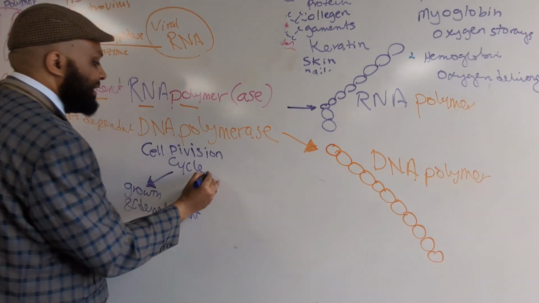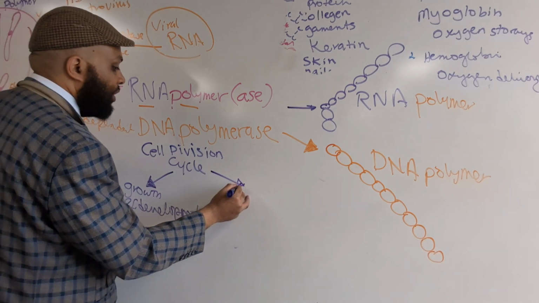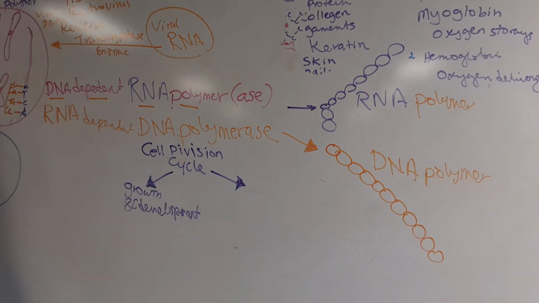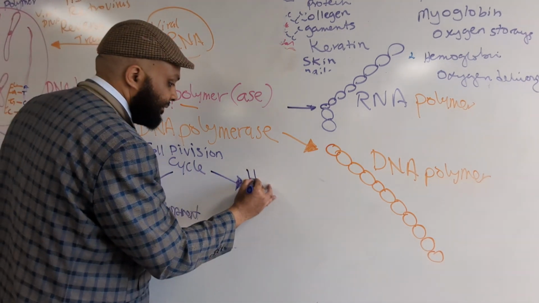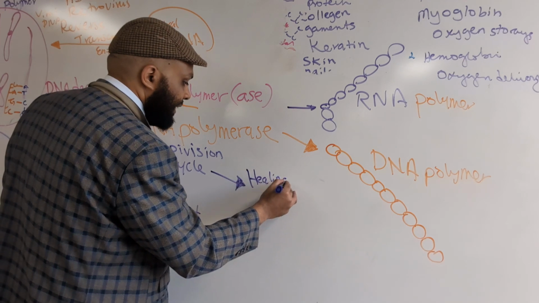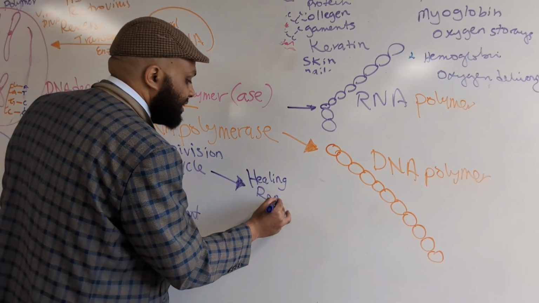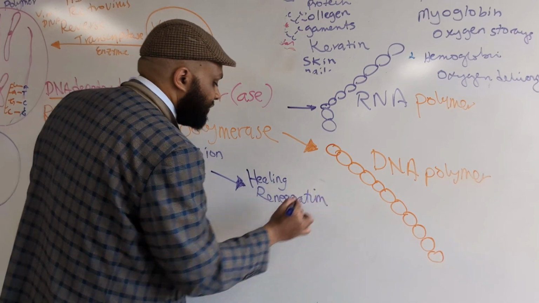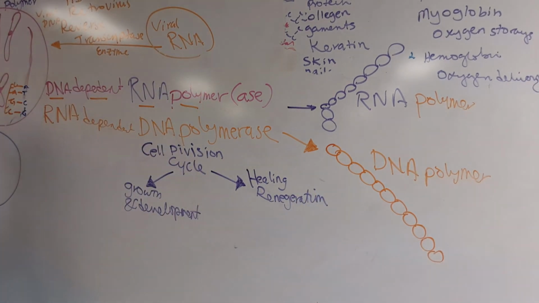Why else do we need cell division? Why do we need to start the cell cycle besides for growth and development? For healing and for regeneration of tissue.